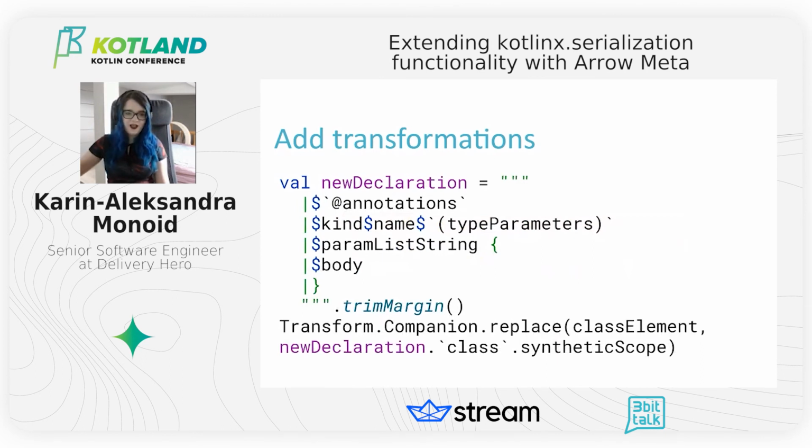So now when we have the class declaration and remapping, we should glue them back together. So it's like a puzzle. You get the annotations, kind, name, the transformed parameters, and then you just build them together in a string. And then define the transformation. So you just say, replace the old declaration with the new one.